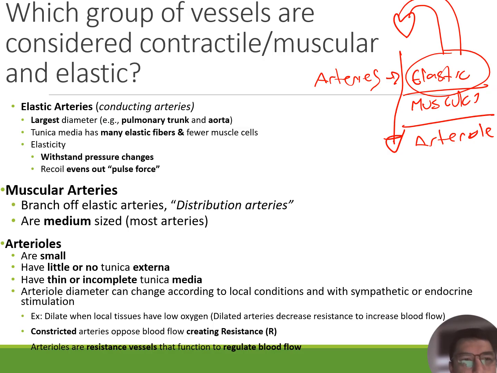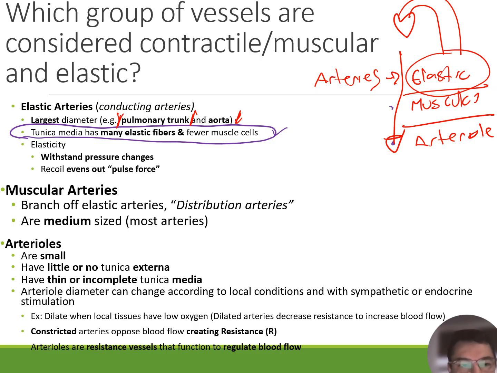What are the main characteristics of elastic arteries? They have more elastic fibers and fewer muscle cells. They have more elastic fibers as opposed to either muscular arteries or arterioles. We're talking about two specific vessels, the ones connected just outside of the heart, and that is the pulmonary trunk and the aorta.